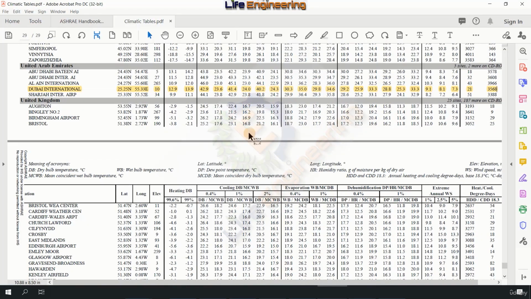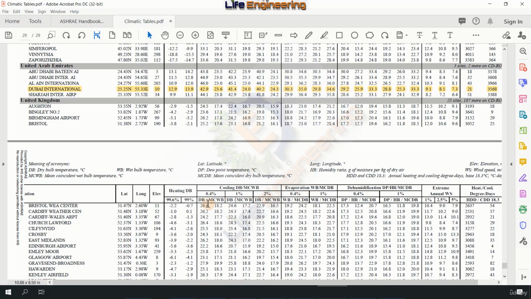Then which of these values or columns are we considering in HAB? We are performing cooling, so this is the data for cooling. Here we have it for Dubai, cooling. Then we have three columns or three choices: 0.4%, 1%, 2%. This is 1% of the time along the year this temperature occurs, and this is 2% of the time, and this is 0.4%.